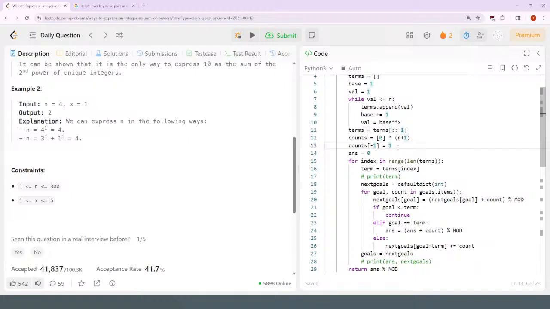Maybe. So go from 0. So I can maybe start with counts. Okay.